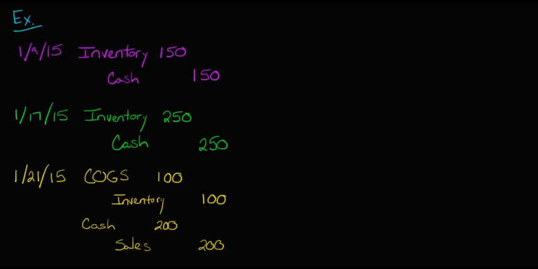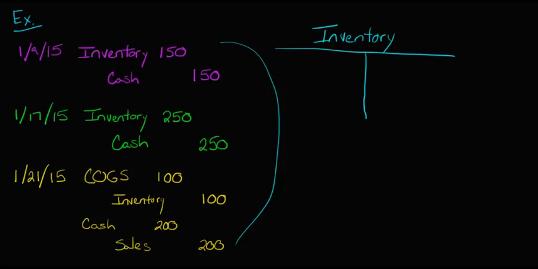All these are our journal entries that have taken place, and what we want to do is set up a T account for inventory. We're just going to track what happens with these journal entries and input it directly into our T account, and that'll give us our ending balance.